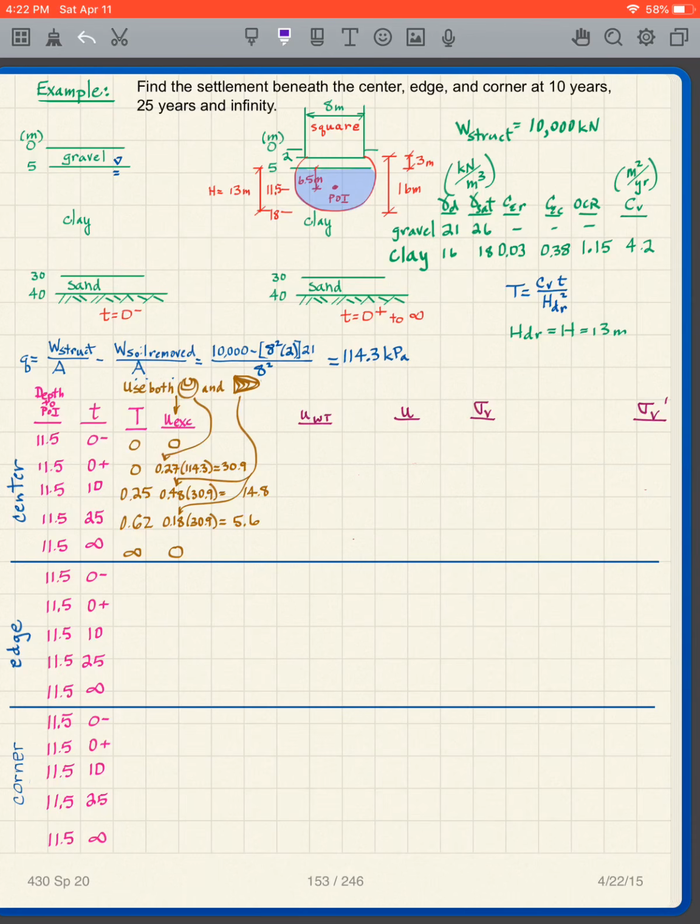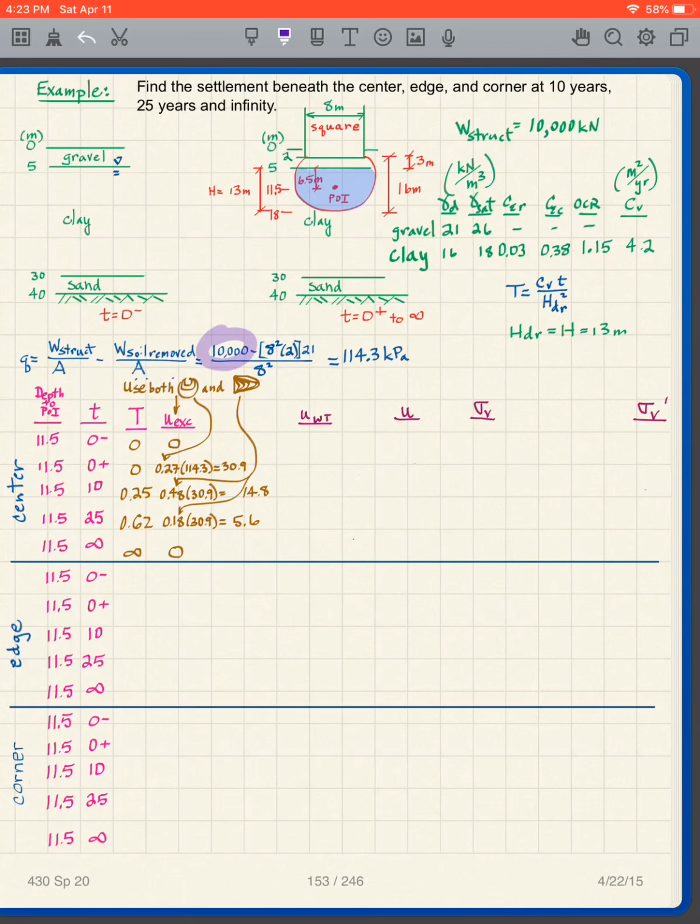I didn't mention figuring out the Q. Remember, we take the weight of the structure minus the weight of the soil removed, over the area. The weight of the structure is 10,000, and we have a 2 meter basement.